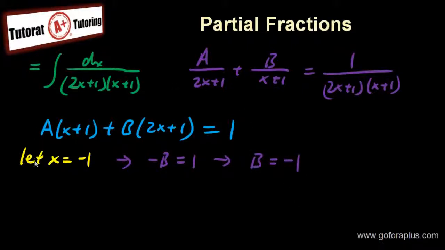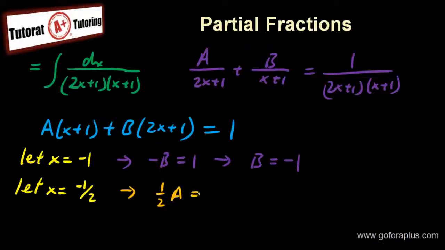Okay, so let x equal minus 1/2. So the second term here is all 0. Then what I have here is, minus 1/2 plus 1 will give you 1/2. So I have 1/2 of A equals 1, meaning A must be equal to 2. So now I have my fractions, and my integral can be separated into 2 parts.